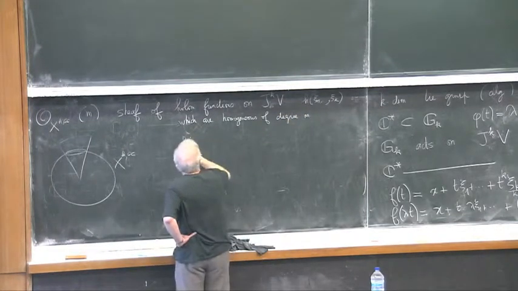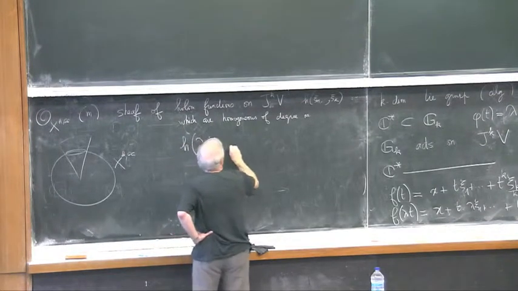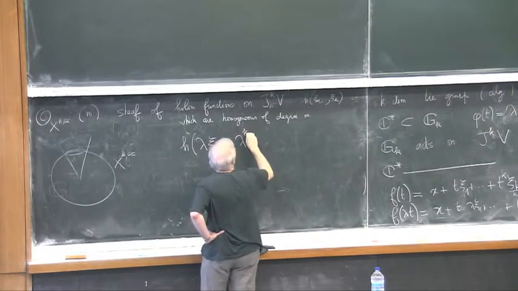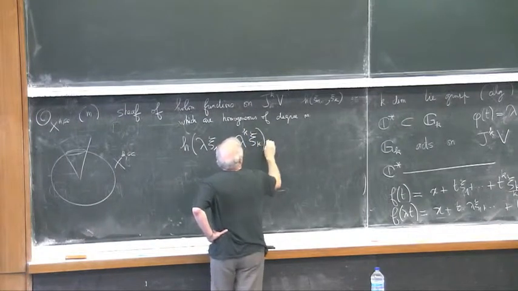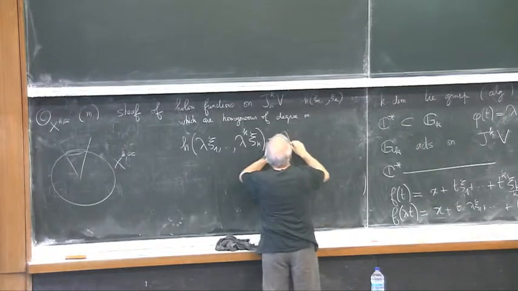That means that if you consider the C-star action, then what we'll get out is lambda to the m.